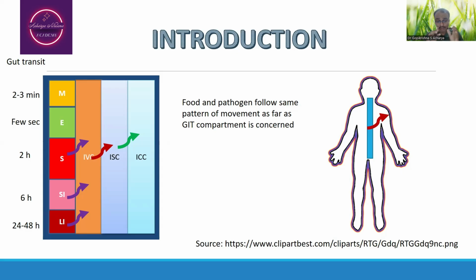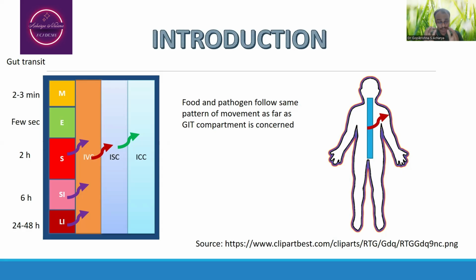After a matter of 2 hours, the food starts entering into the duodenum, either as macromolecules or intermediate molecules, into the small intestine, in the duodenum first, then jejunum, then ileum. There the food will be remaining for a period of 6 hours.